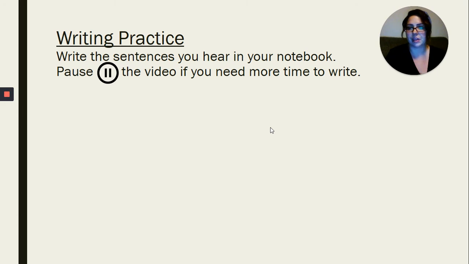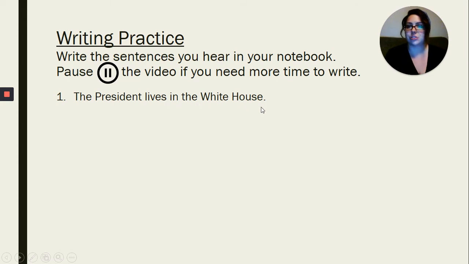Okay, let's look and see if you wrote the sentence correctly. So number 1, the president lives in the White House. The first letter of a sentence is always capital. President is a formal term, so that is capital. And then White House, that is an important building in the United States, so that is capital.